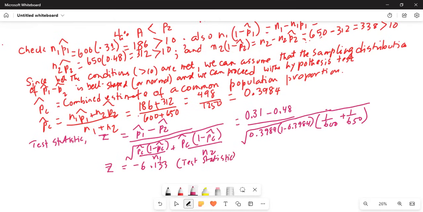What does it mean? It means p1 hat is less than p2 hat.